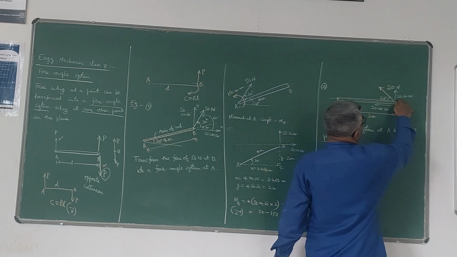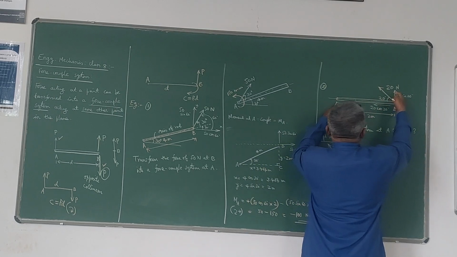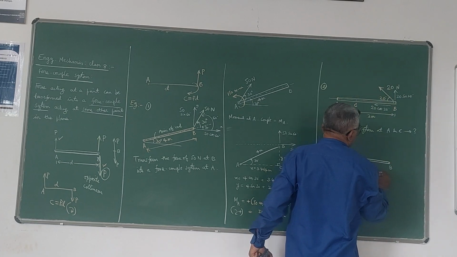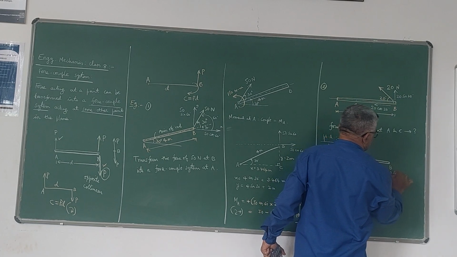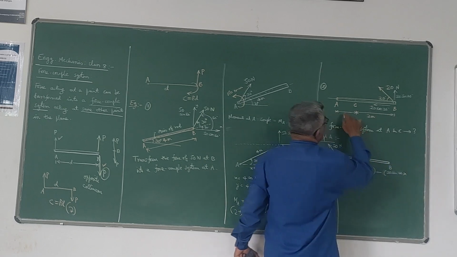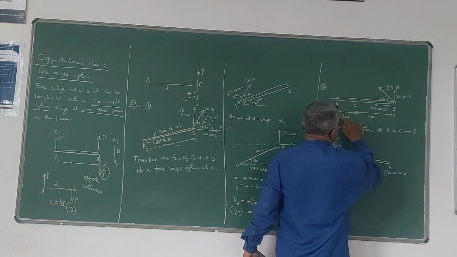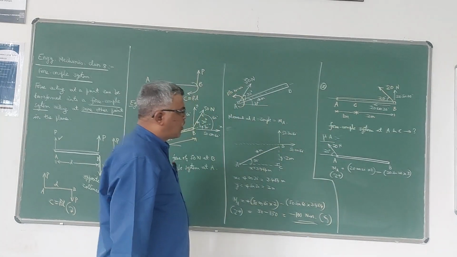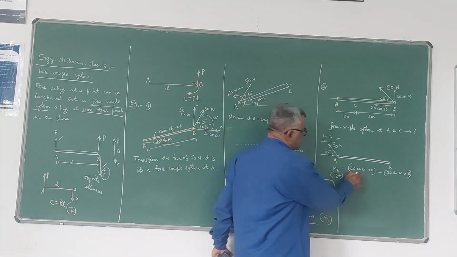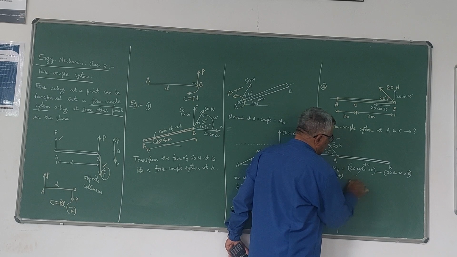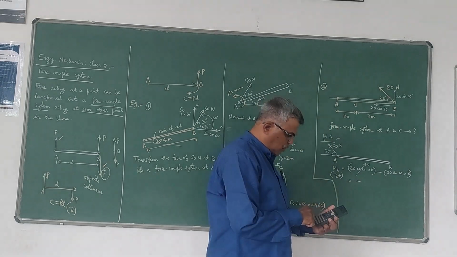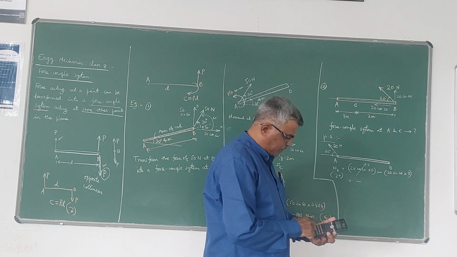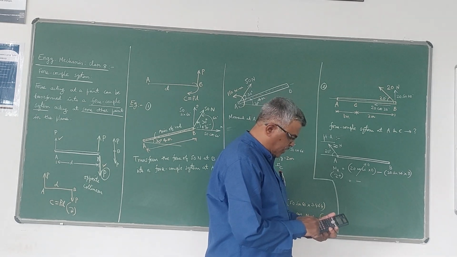Whereas the moment due to this 20 sin 20 is anti-clockwise about point A. So minus 20 sin 20 into distance. The perpendicular distance, measured from point A, is 1 plus 2, which is 3 meters. Now the first expression is 0, and the second expression is minus 20 into sin 20 into 3.